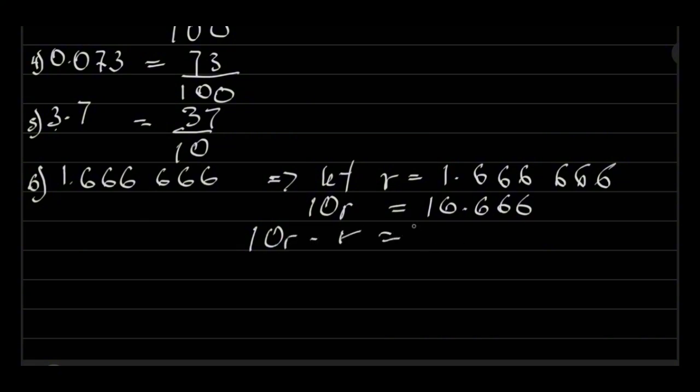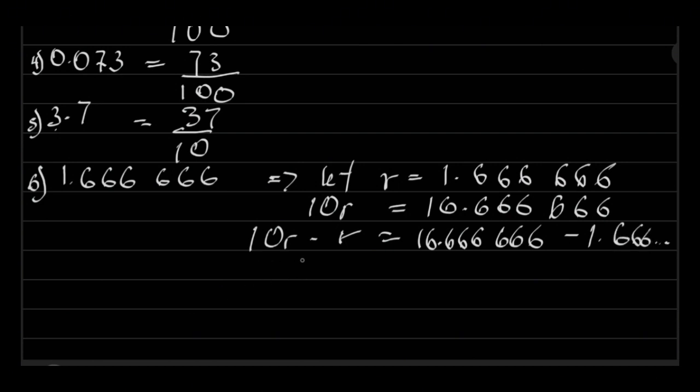So what we are going to do is take 10r, then we subtract r from 10r, and we do the same for the left hand side. 10r is 16.666666, minus r is 1.666, it goes on like that.